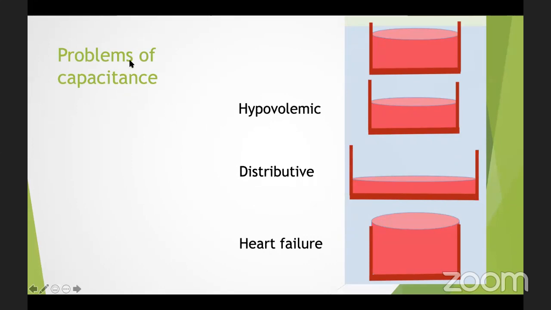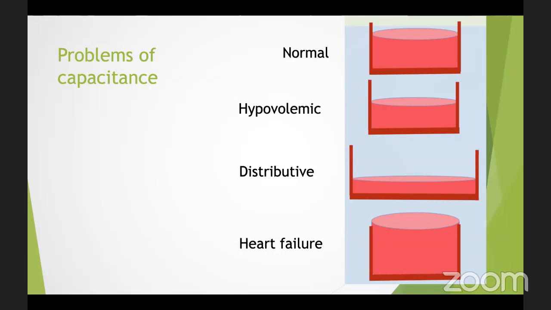So here we will discuss the capacity, like the tank and the pipes. This is the normal, the pipes with good volume, but if the patient is hypovolemic, the tank is not full.